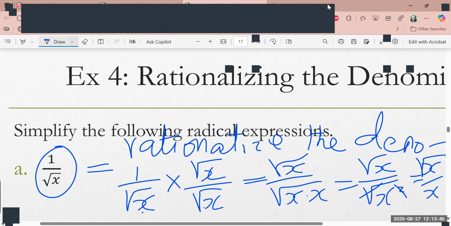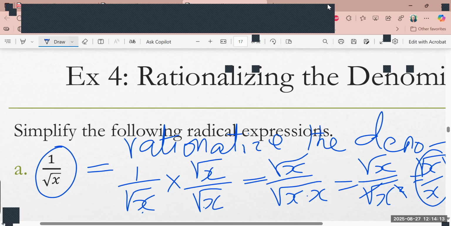So I have simplified this question, and the only simplification is to rationalize the denominator, so that your answer will be rational. You are not allowed to leave an irrational number in the denominator.